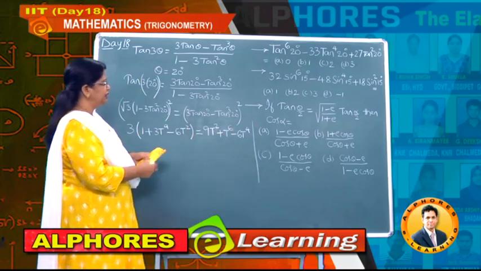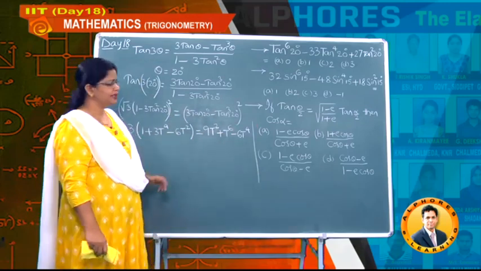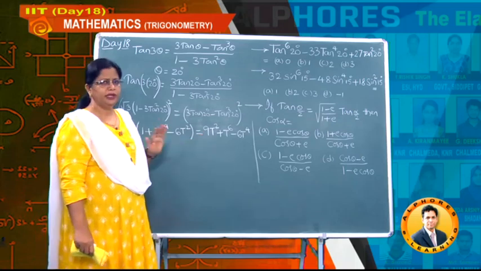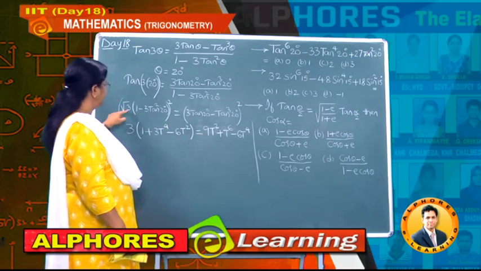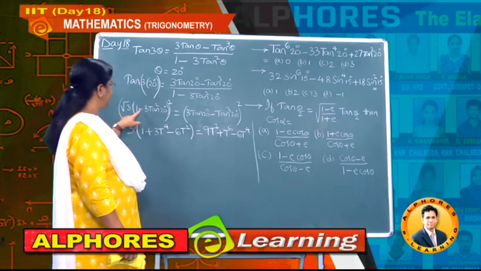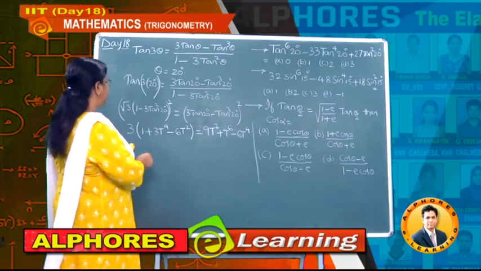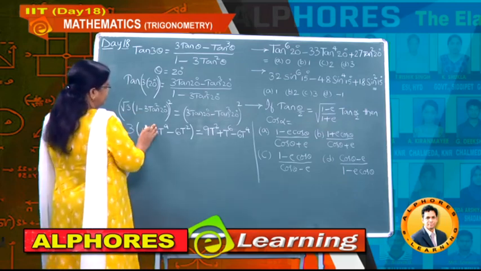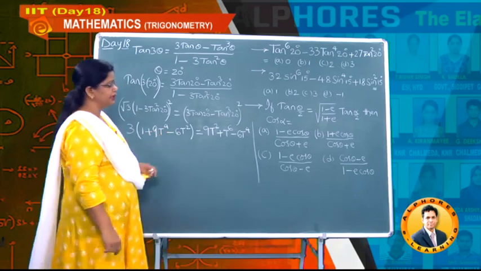We expanded everywhere with only one function, that is tan 20 degrees, therefore I represented it simply as tan t. And now 3 into root 3 whole square is 3 here, and 1 plus this value is 9 times tan to the power of 4, and later this one is minus 6 tan square.